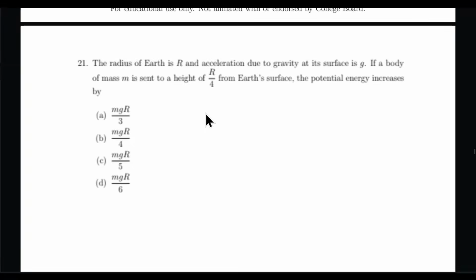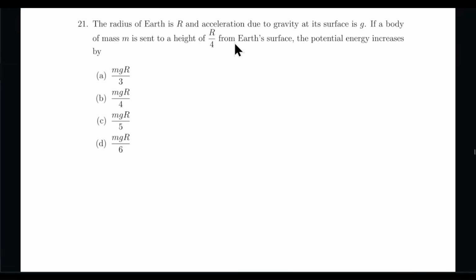Right, the radius of Earth is r and acceleration due to gravity is g. If a body of mass m is sent to a height of r over 4 from the Earth's surface, the potential energy increases by what? The formula for potential energy is negative GMm over r.